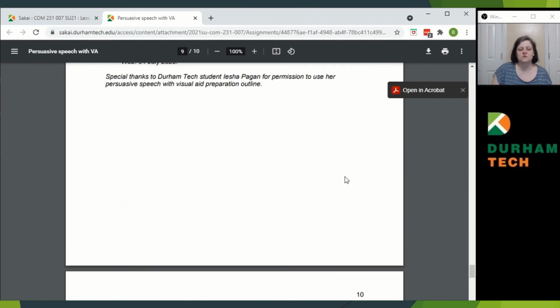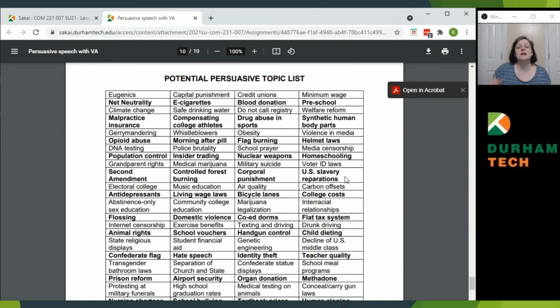All great sources. And here is a potential persuasive topics list. So you're coming up with a topic all by yourself, which might be a little bit intimidating, but here are a list. Now you might notice that some are bolded and some are not. That's just stylistic to help differentiate between the two lines.